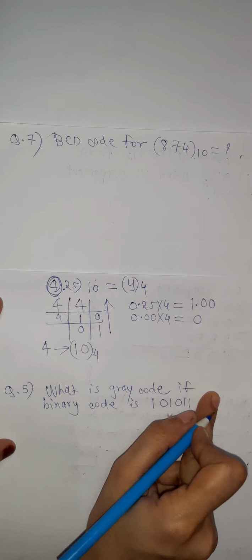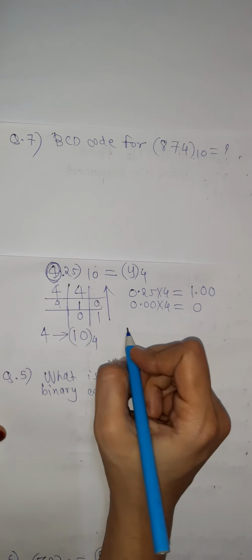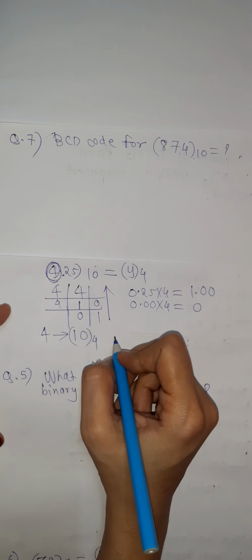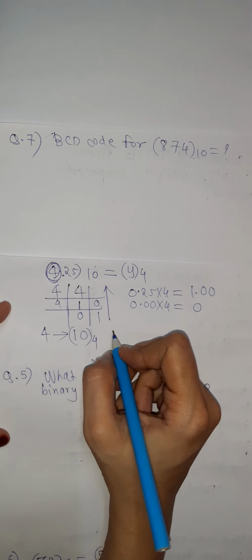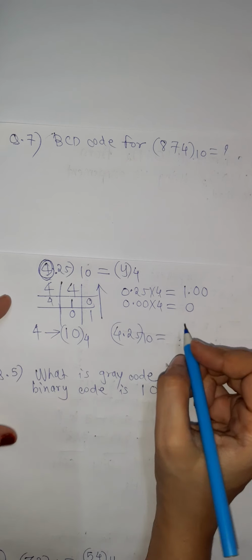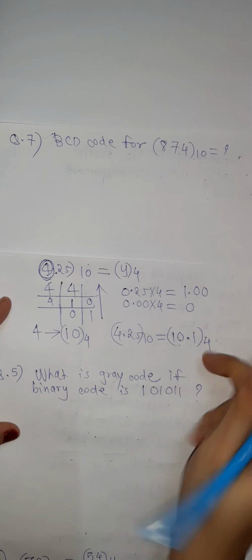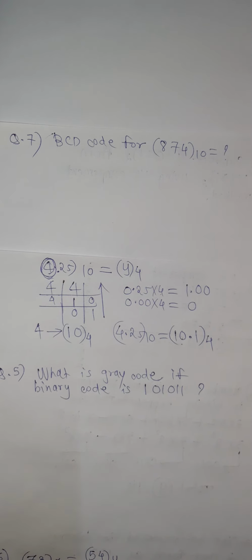So this 0 will continue. Now we don't go for the next step. So 4.25 in decimal can be written as 10.1 in base 4. So 10.1 is our right answer.